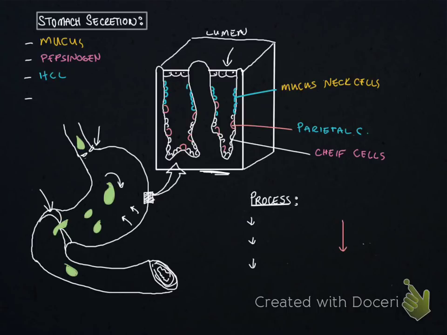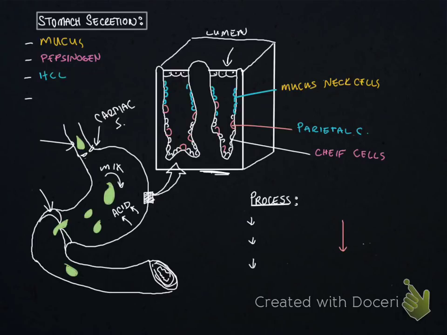So now we have the bolus here traveling from the esophagus past this cardiac sphincter. And in the stomach, it mixes and churns. We get acid secretion that helps to digest the bolus.